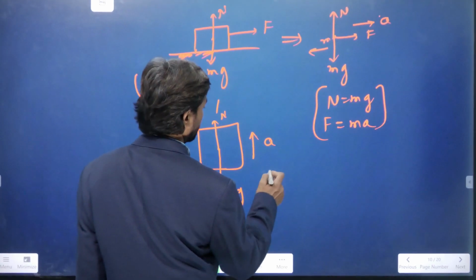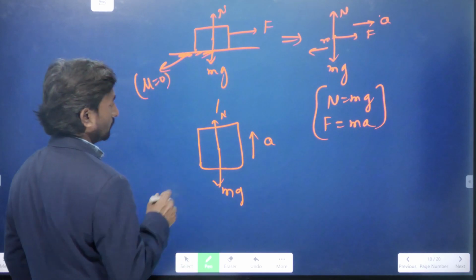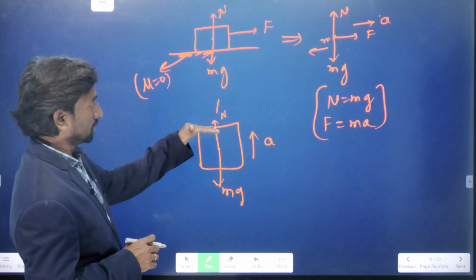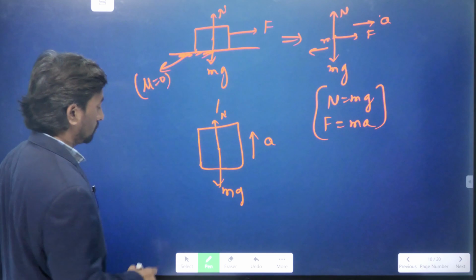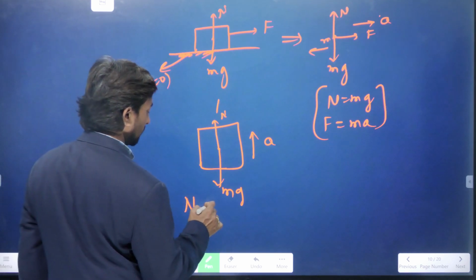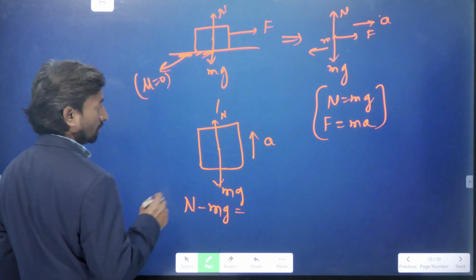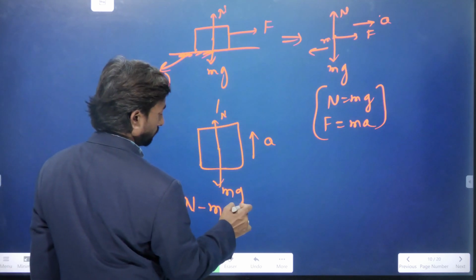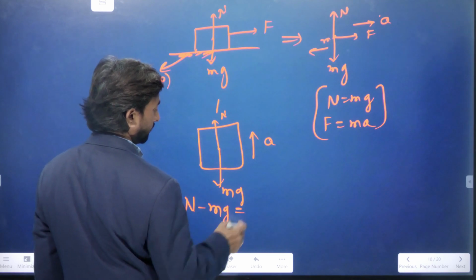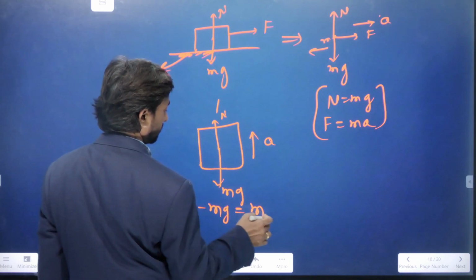If the lift is moving upwards, the normal reaction will be greater, so the net force can be written as N minus mg, equal to the mass of the lift times the acceleration of the lift.